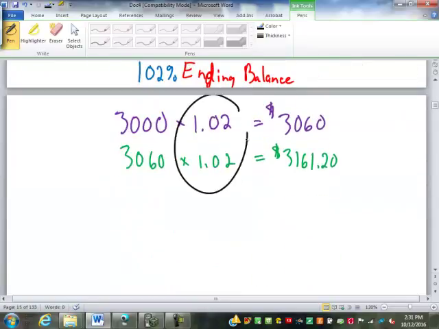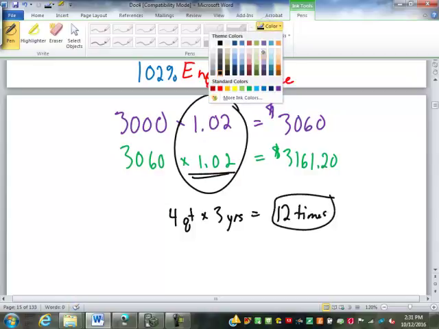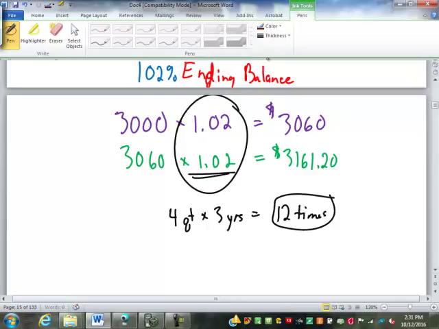How many times again do I have to multiply by that 1.02 to get to the end of my 3 years? Well, again, 4 quarters times 3 years, still 12 times. So basically, I could start with my $3,000 and multiply by 1.02 12 times.